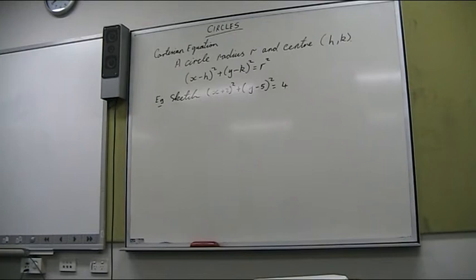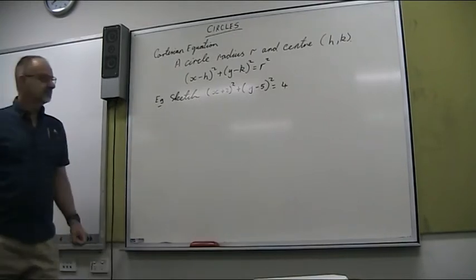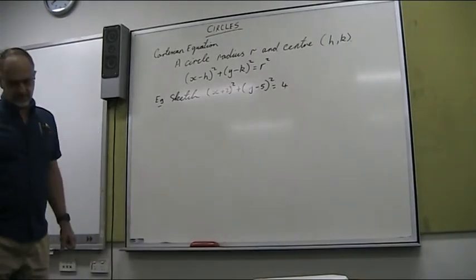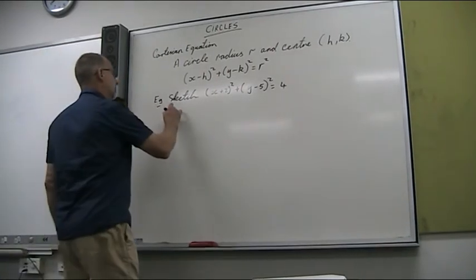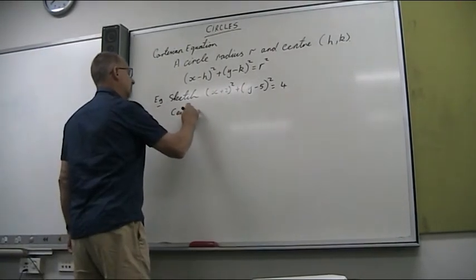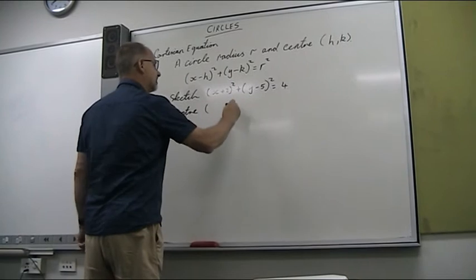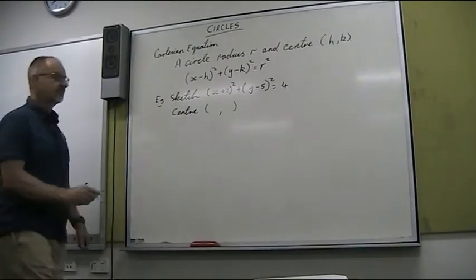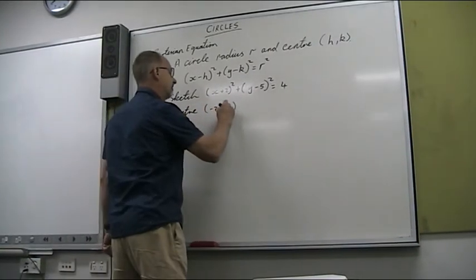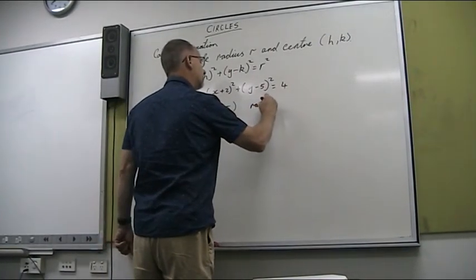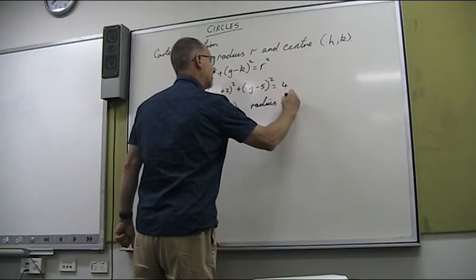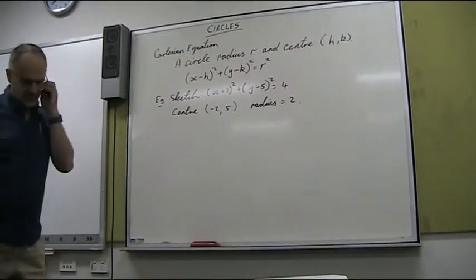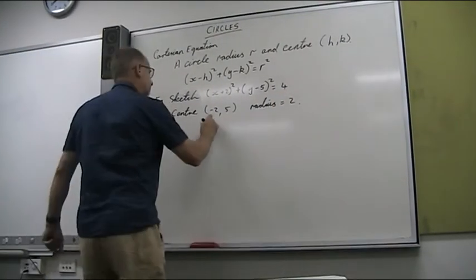A couple of different ways, but first of all we need to identify where the centre is, and the centre would be at -2 and 5, and our radius would be 2.